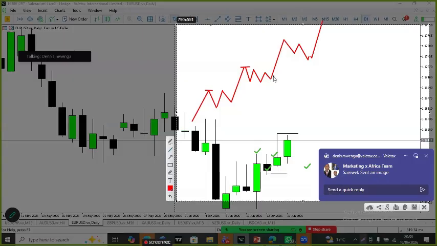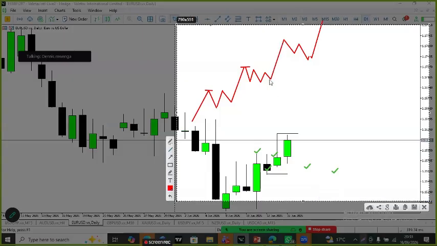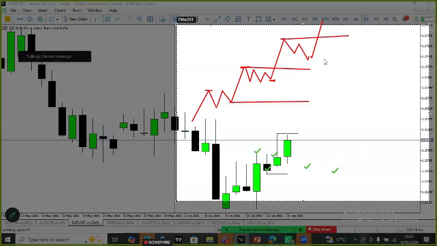For example, this swing began here, ended here, and then we got the retracement, the consolidation. So we call this external structure.